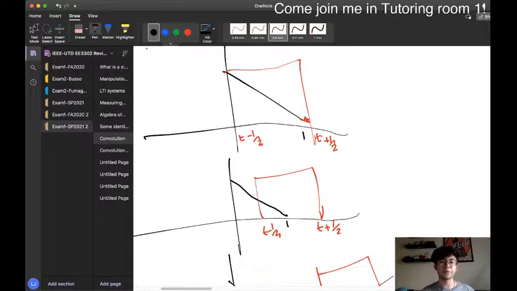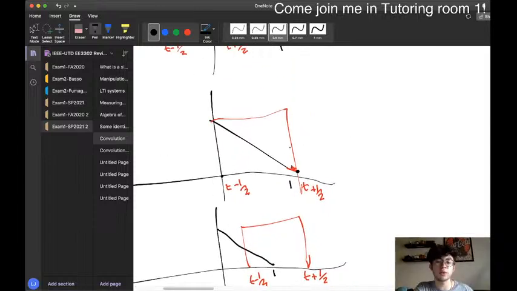Right, now case 3. So this one's a bit special. So notice that both of these functions are hitting the same point. So we can write out the inequality again, but this time it's going to be equality. So t plus 1/2 is equal to 1, and this left endpoint t minus 1/2 is going to be equal to 0.